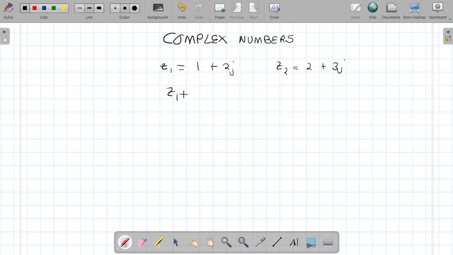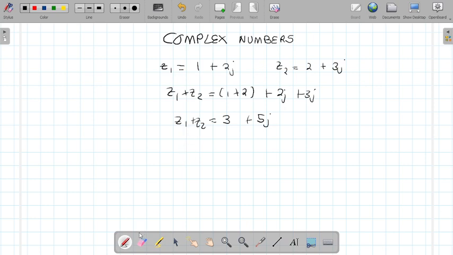So z1 plus z2 will be equal to the real parts, 1 plus 2, plus 2j plus 3j. 1 plus 2 is 3. Now here you can factorize by j and add 2 to 3, so you'll get 5. So it's going to be 5j. So this is your result of adding z1 to z2.